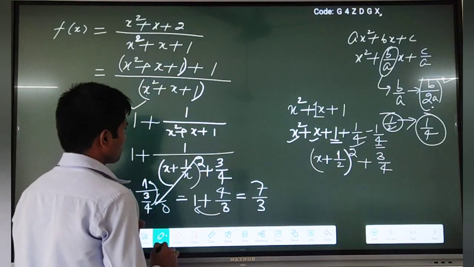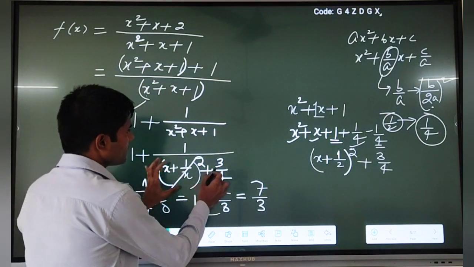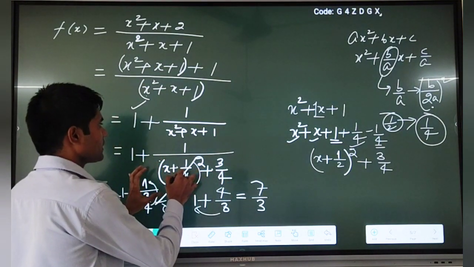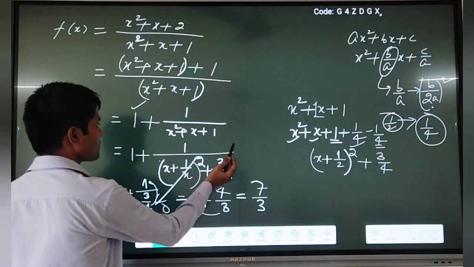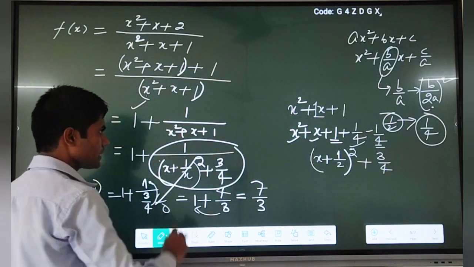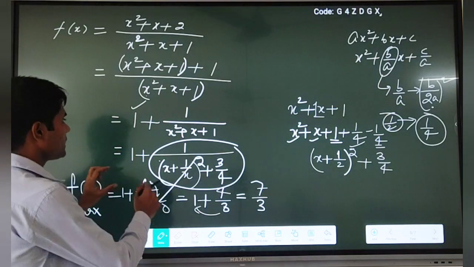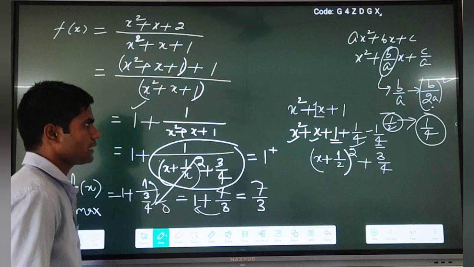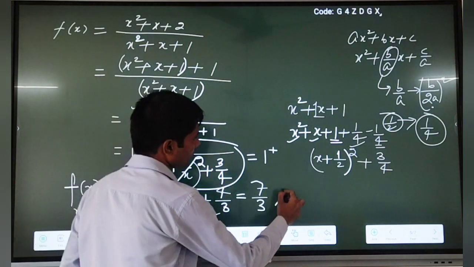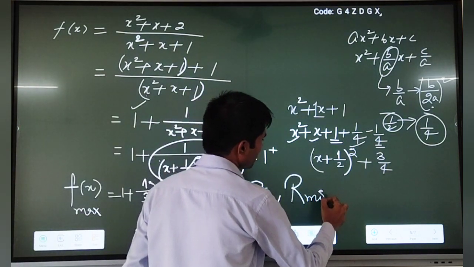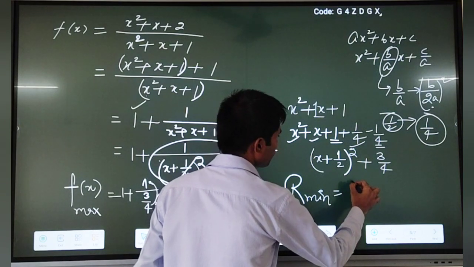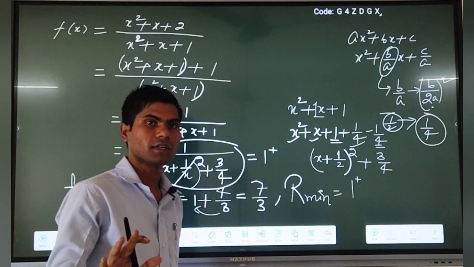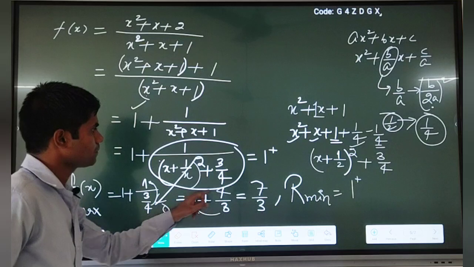So here do one thing. 1 divided by (3 by 4 plus something), definitely it is 0 point something. So we are adding something to 1, so definitely the answer is 1 plus something. So the minimum value will be 1 plus, not exactly 1, because it is not 0.